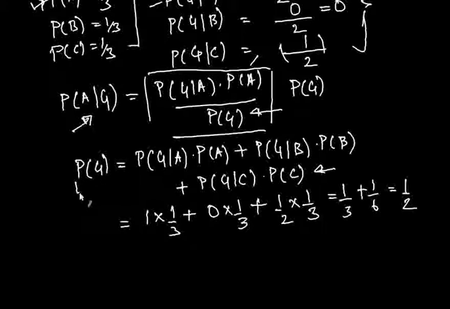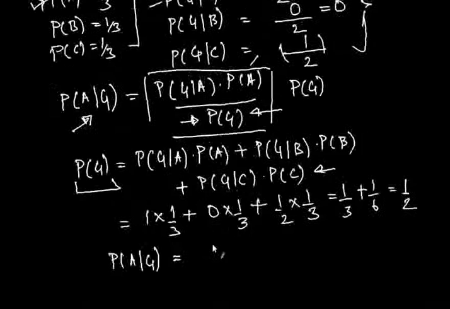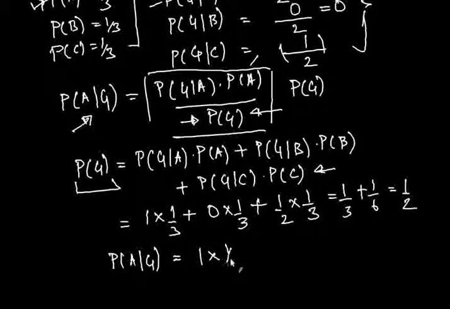So we got the last missing piece in the expression, and if we just plug in the values, then the probability of A given G is equal to the probability of G given A, which is 1, multiplied by the probability of picking shelf A, that's 1 by 3, divided by 1 by 2, and this turns out to be equal to 2 by 3.